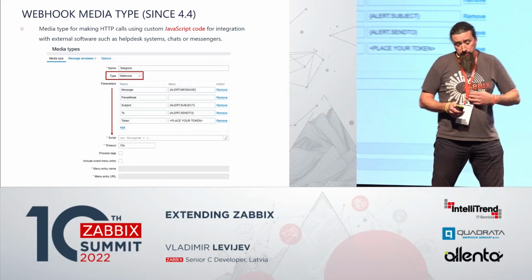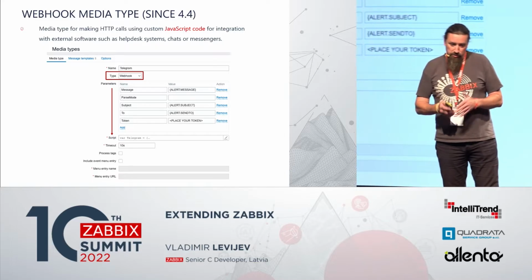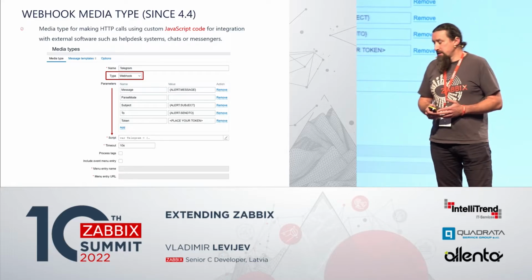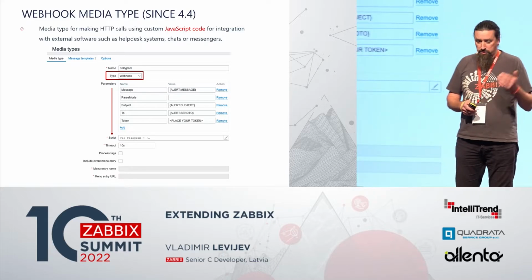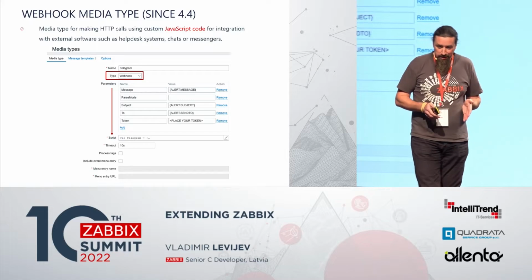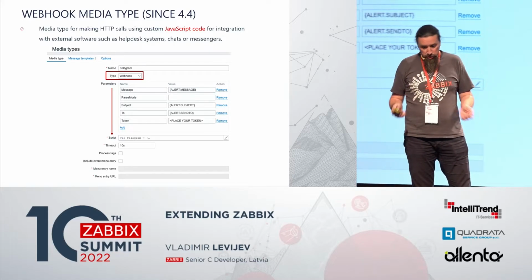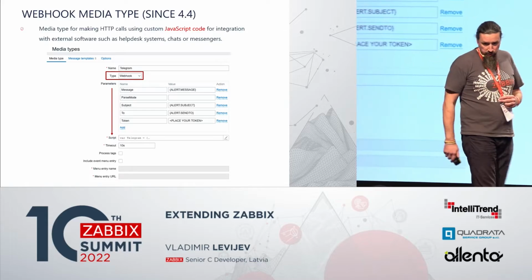But we understood that in this case it's not enough to provide a form with parameters, because the communication is very often very complex. So we provided a text box where you can put your JavaScript and take care of the whole communication with the ticketing system or chat or messenger yourself.